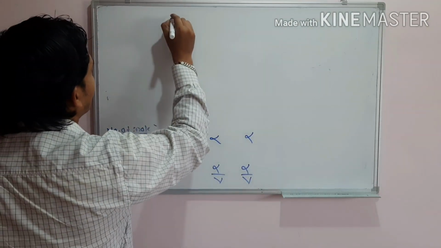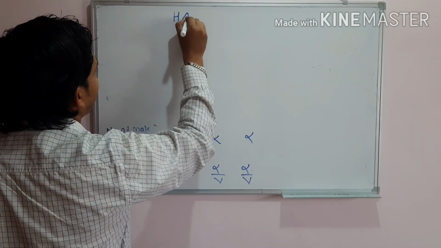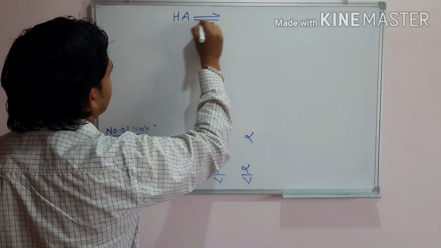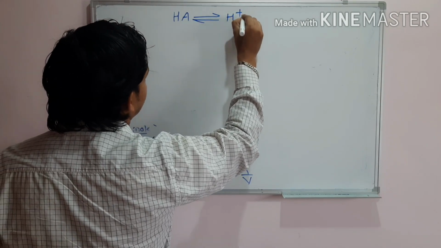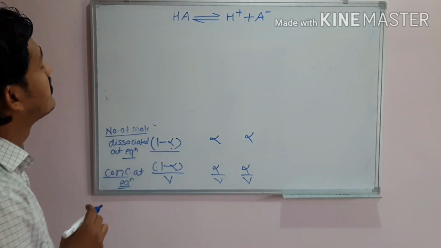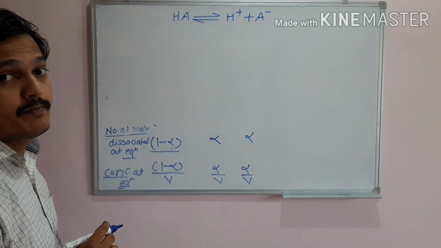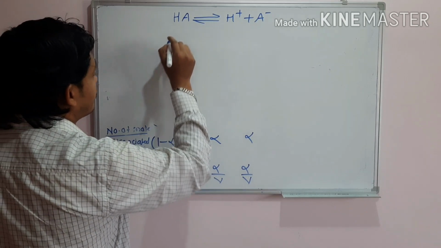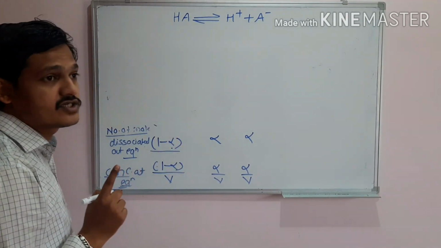Now by applying the law of mass action, I am writing this reaction again because there is no space to write. So by applying the law of mass action, what is the law of mass action?